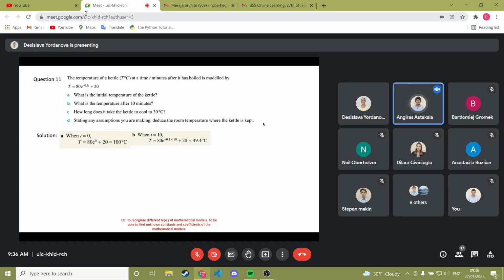Oh, just put equals to 30. I think it won't work. How can you use just one graph to solve it if you don't know how to put two graphs? You have the equation 80 e to the power of blah blah plus 20 equals 30. Can you transform it to one graph? I believe you can.